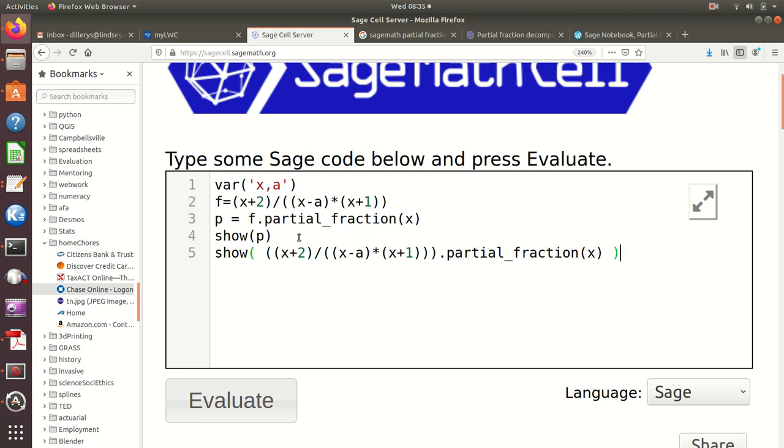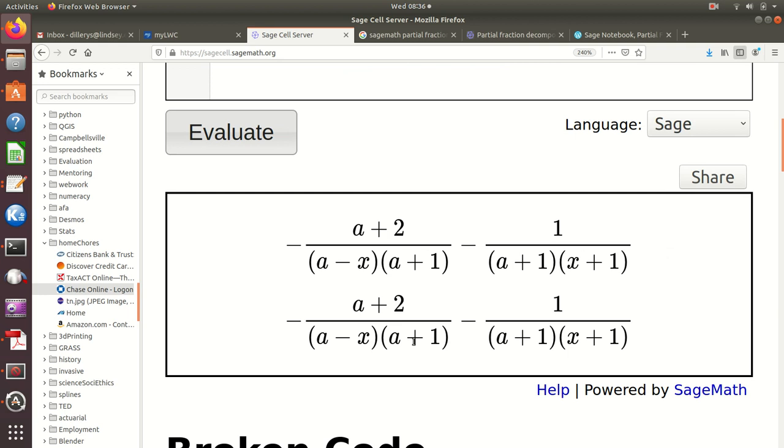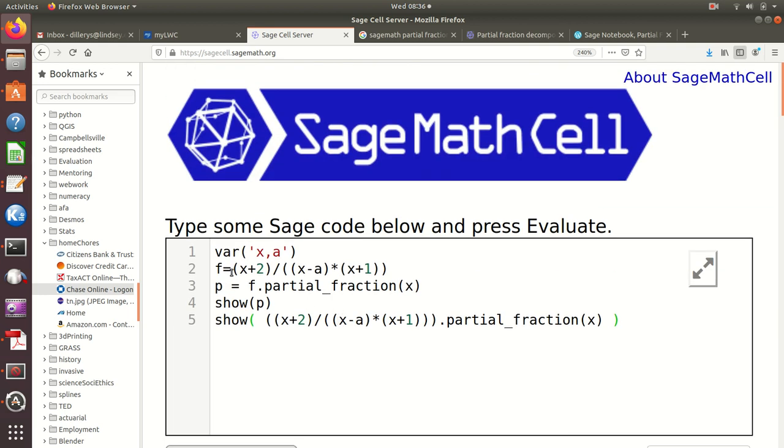And so here I didn't bother handing that expression to anything. I just put parentheses around it and said do a partial fraction of it. Let's see what happens. And there you go. It worked both ways. However, I think it's a little cleaner to do this kind of thing up here. Okay, so that is creating a partial fraction.